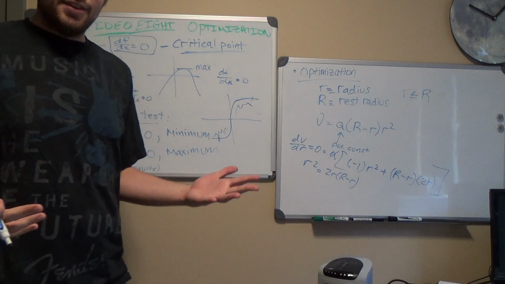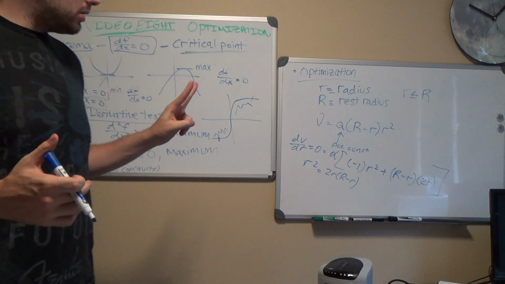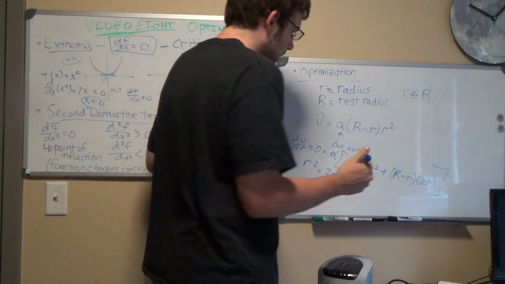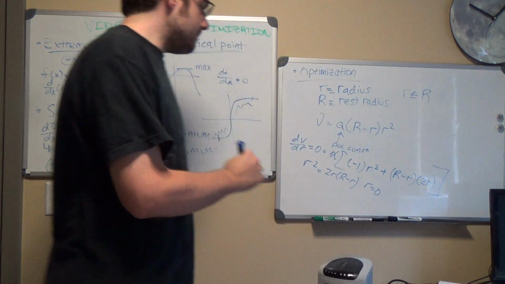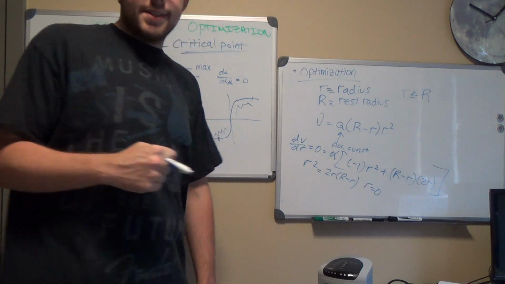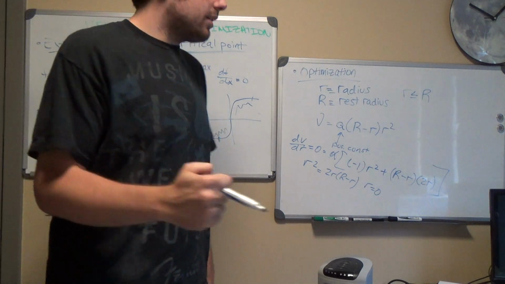So by looking at this, we can find that there are two critical points. One of these is when r is equal to 0, but later on we'll be seeing why r equal to 0 is not the maximum.